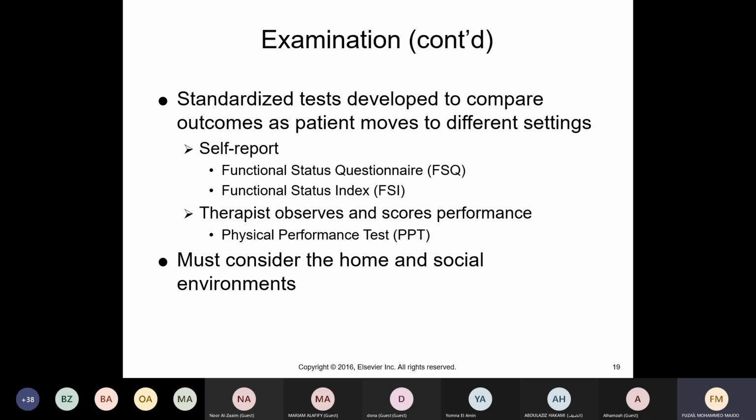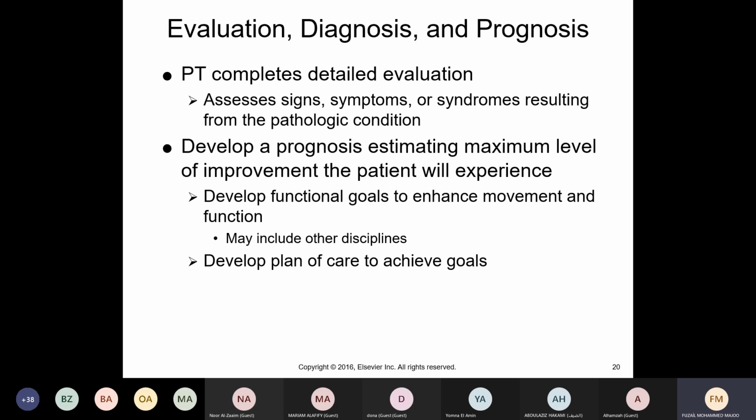The physical therapist observes and then records the scores of the performance. They look at the physical performance tests, PPTs. Also, when you're doing this, you have to consider the differences between a social environment as well as a home environment.